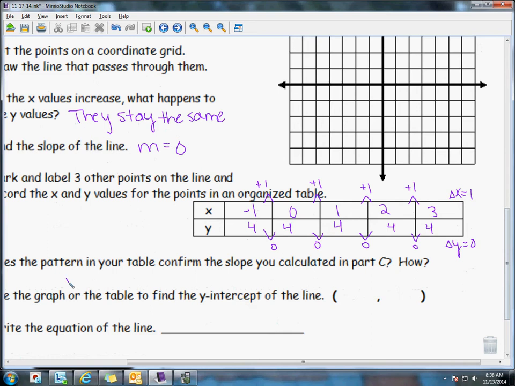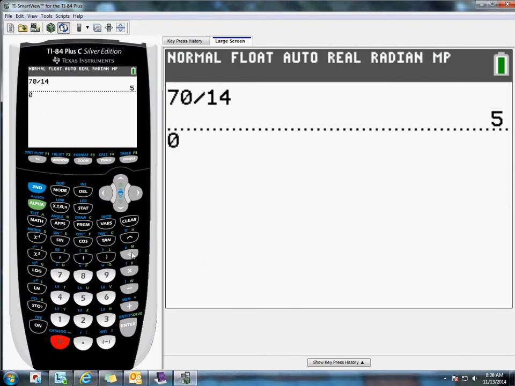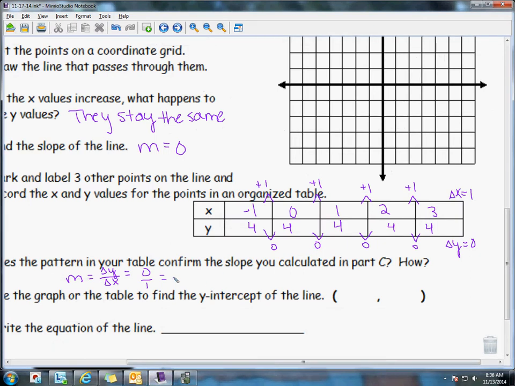So when I do change in y over change in x, that's 0 divided by 1, and you're just going to get 0. So my slope here is 0. Does the pattern match what we have in our graph? Yes, it does. And the how part is your change in y over change in x.